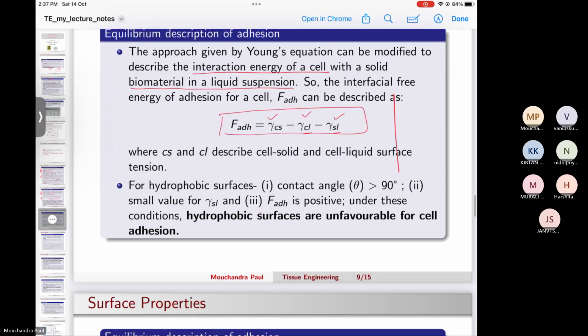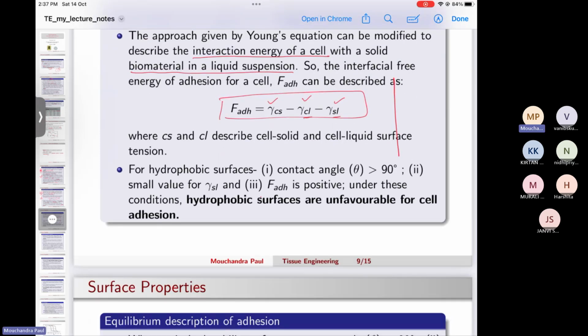I don't know how much you are understanding, but if there is any doubt, let me know. Hydrophobic surfaces are water-repelling surfaces; they don't like water. For hydrophobic surfaces, the contact angle that the water droplet makes on the surface is greater than 90 degrees.